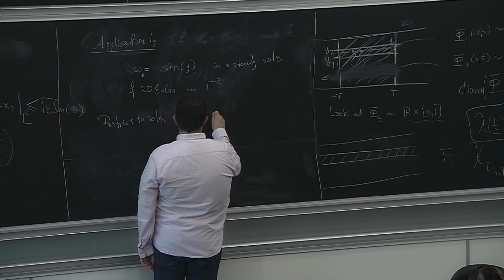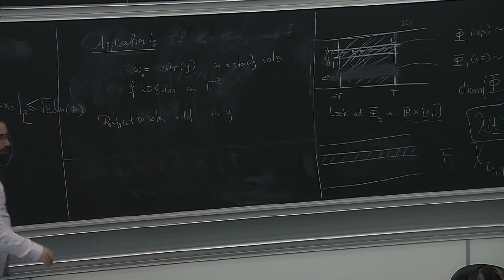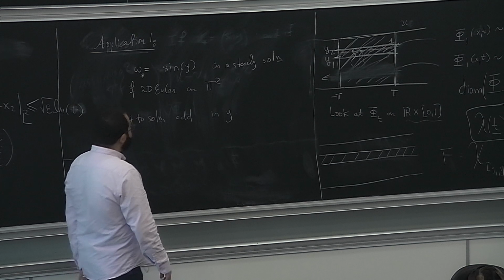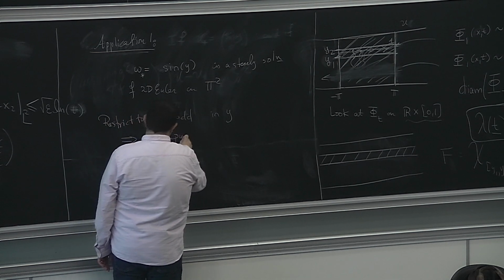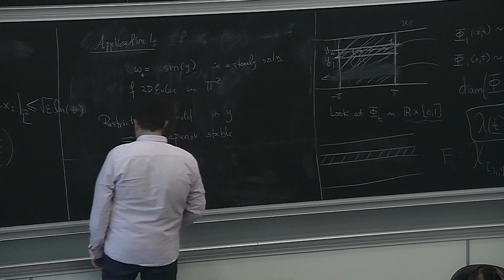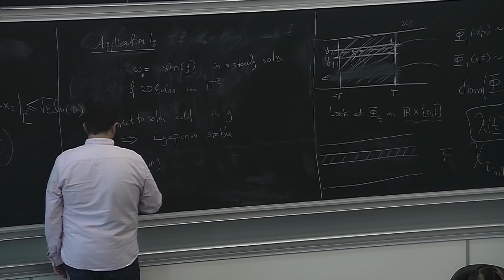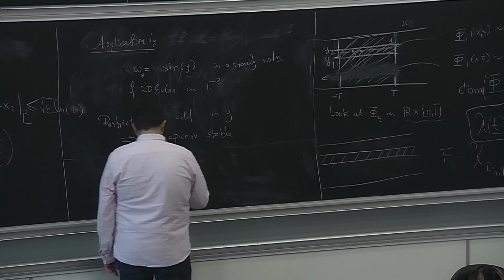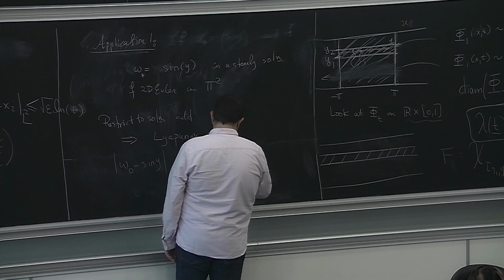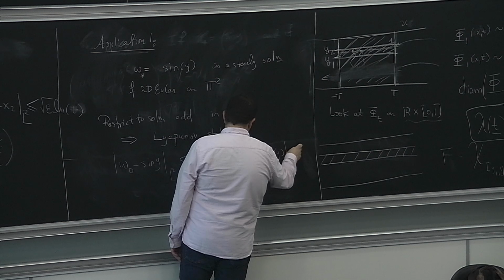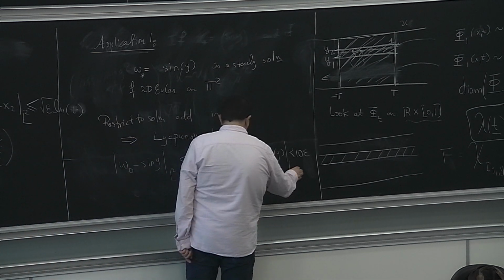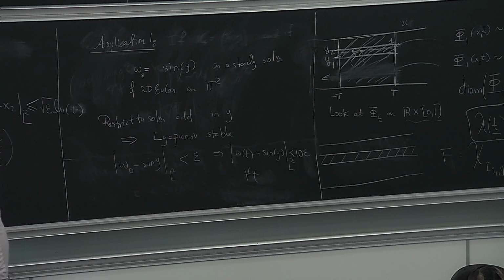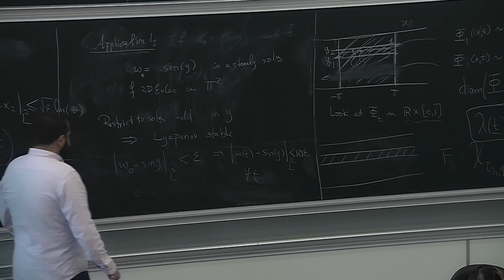We restrict to solutions that are odd in Y. Then you annihilate the potential instability, so you annihilate cosine of Y, cosine X, sine X. Then it's Lyapunov stable in the sense that if omega 0 minus sine Y is less than epsilon, then omega of t minus sine Y is less than 10 epsilon for all time in L2. And you can do this in any Lp, but L2 is good.